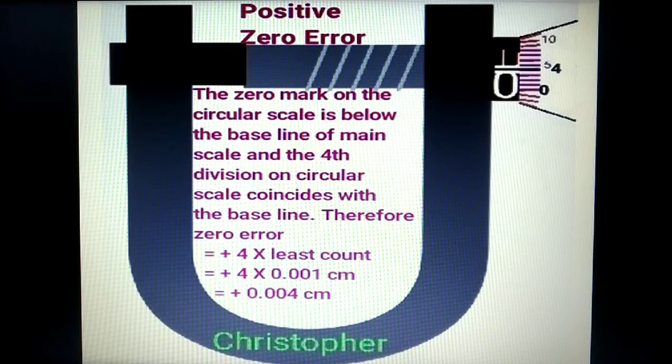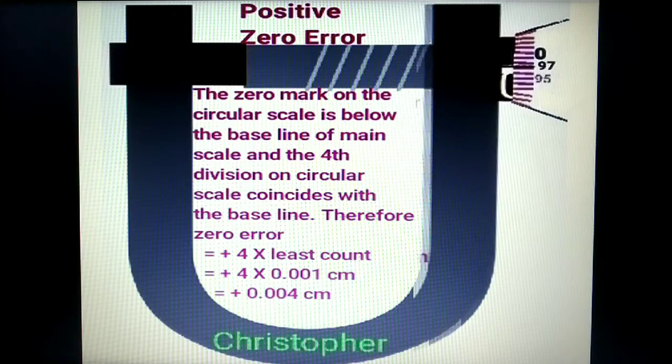Therefore, zero error here is positive and is given as plus 4 into least count. That is plus 4 into the least count here, which is 0.001 centimeter. So that is plus 0.004 centimeter. That is a positive zero error.